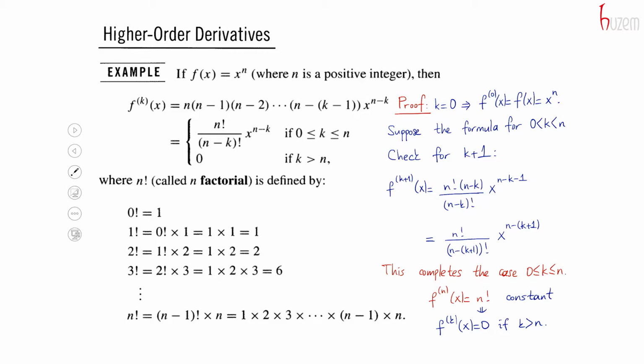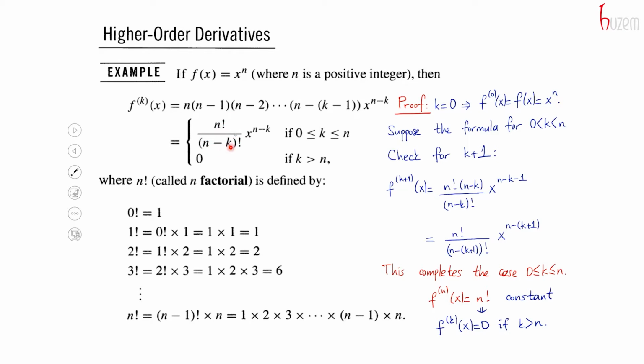Let me illustrate this. The base case is for k equals 0. In this case, the formula f0 means n factorial divided by n minus 0, which is also n factorial.